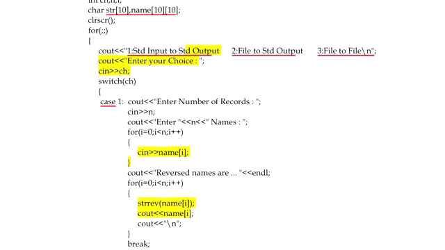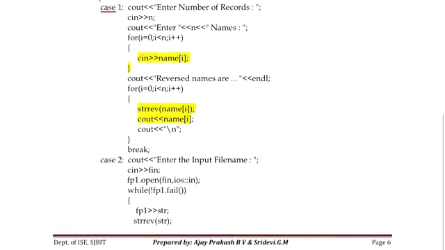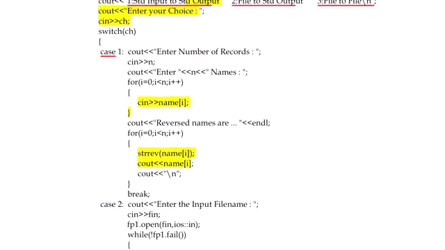The second case is where we read the input from the file called fin. First we need to use the open function. The associated file pointer for the input file is fp1. Hence we use fp1.open and we open in read mode, that is in.